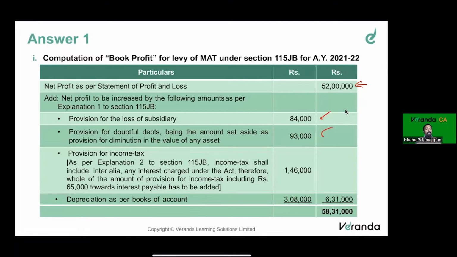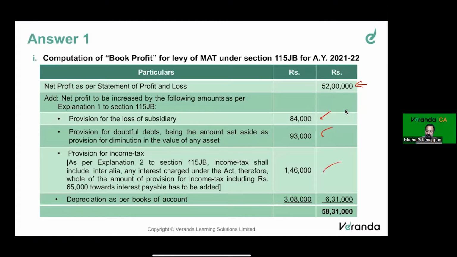The next item was provision for income tax. As far as provision for income tax goes, we said interest is also part of it. We also said deferred tax, dividend distribution tax, interest, surcharge, and cess. All these 5 items are eligible portions which have to be added back while computing 115JB profits.